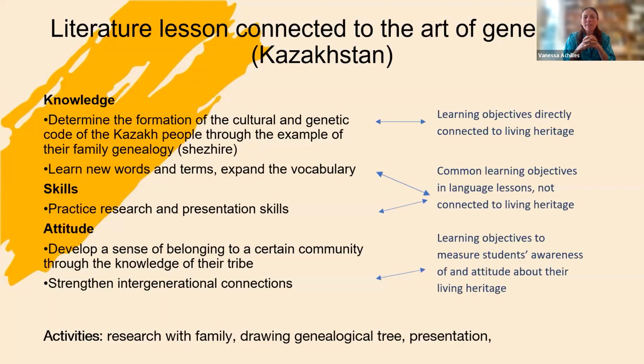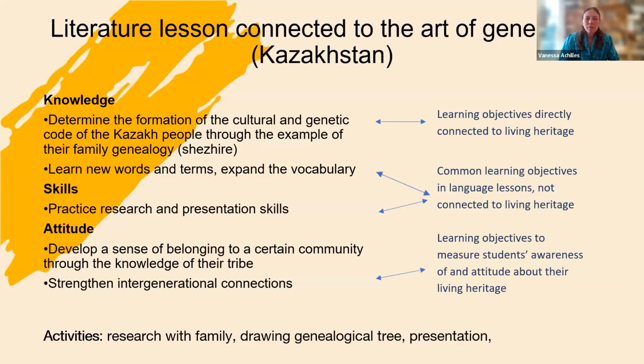So in this lesson, it was based in the literature class, and the students were doing research. They were drawing their genealogical tree, and they were presenting their genealogical tree to other students.